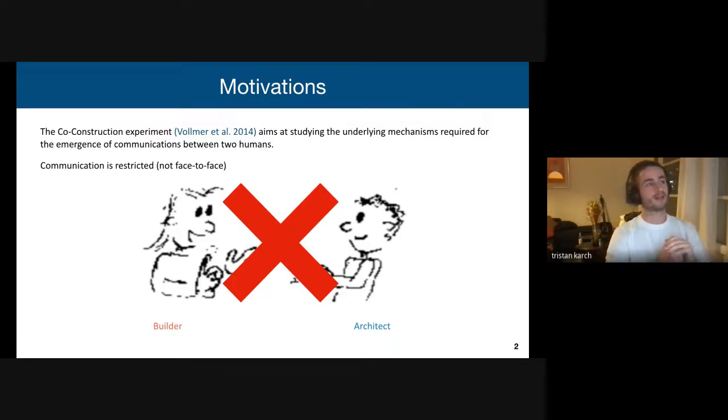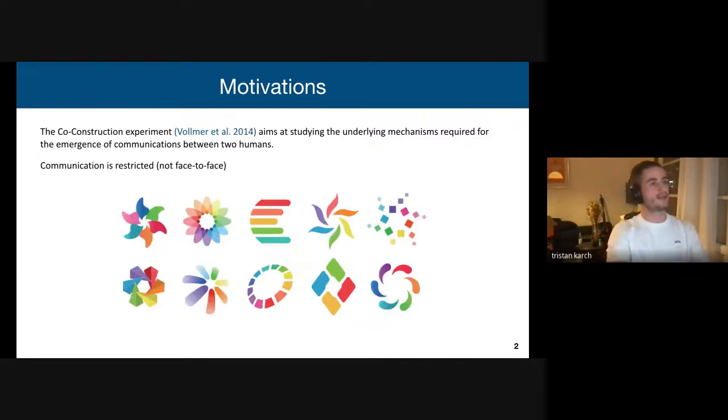We want to get rid of that because we want to study the emergence of communication. So instead, the architect is using neutral symbols that have no a priori meanings, but also that are chosen so as to be not related to the task at hand.